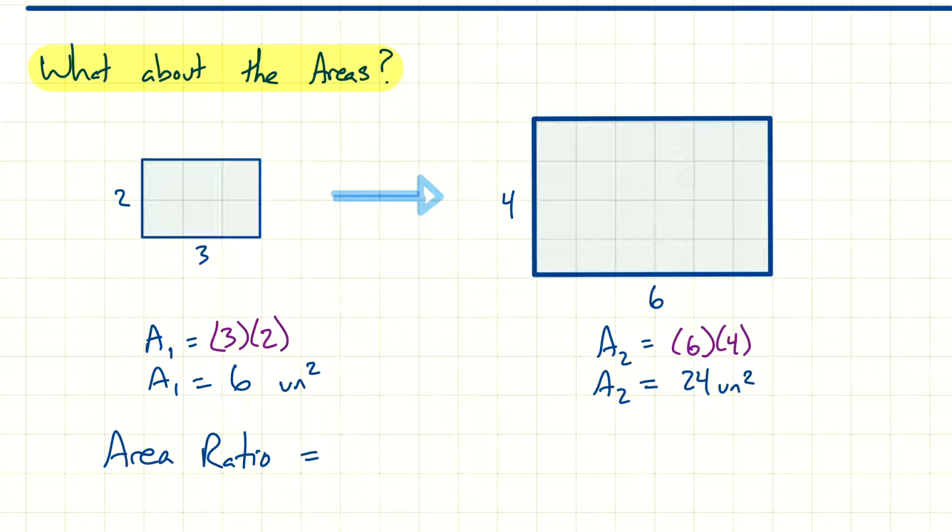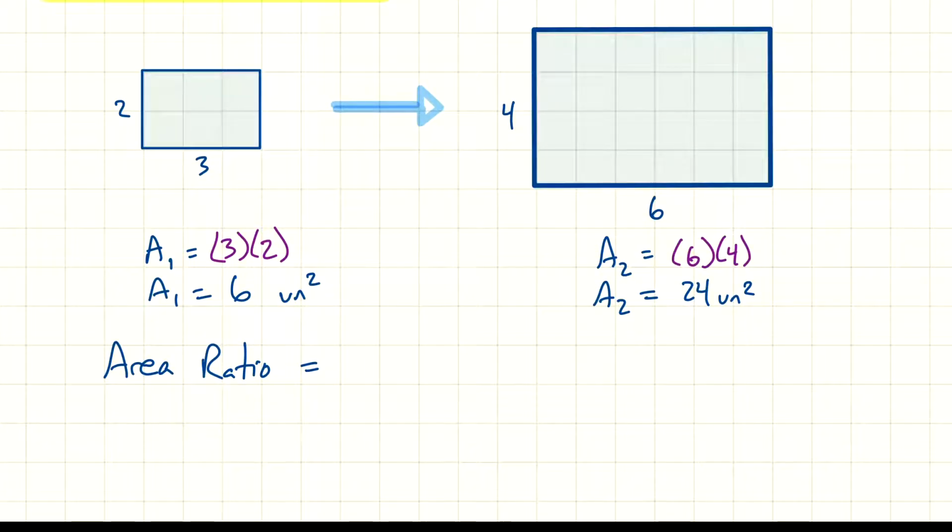Here, when we talk about area ratio, let's write a fraction ratio using the areas. So I'm going to put 24 over 6. That's all I'm doing, 24 over 6. The 24 was the second one, and the 6 goes on the bottom. That was the original one.